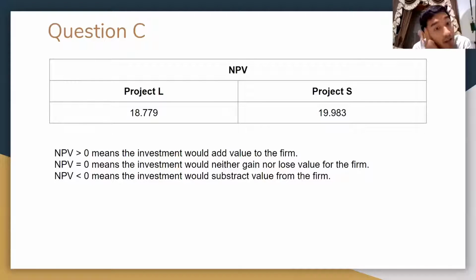If net present value is higher than 0, it means the investment will add value to the firm. If equal to 0, it means the investment will neither gain nor lose value for the firm. And if below 0, it means the investment will subtract value from the firm.